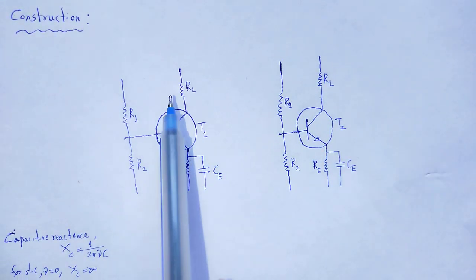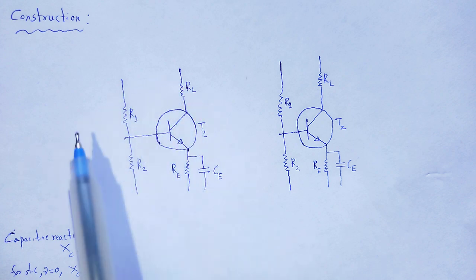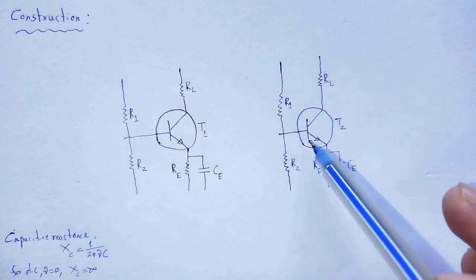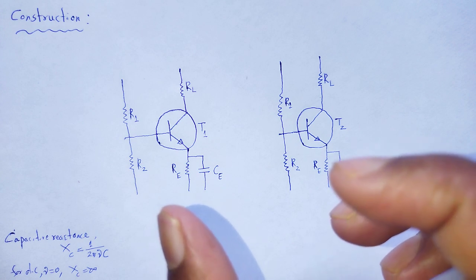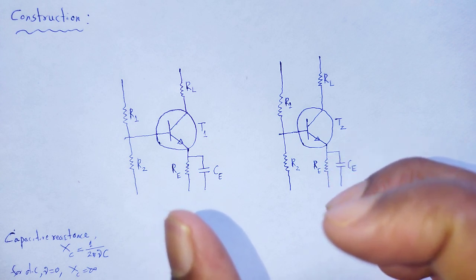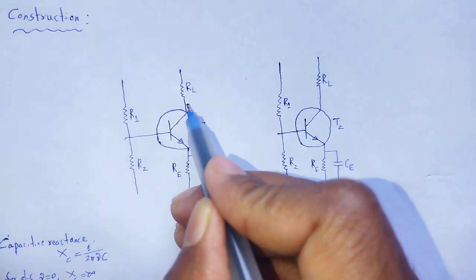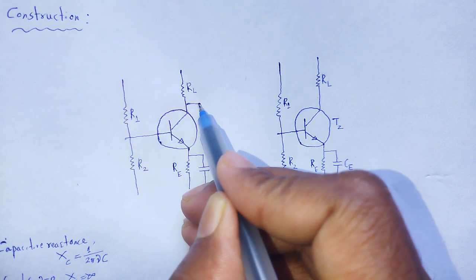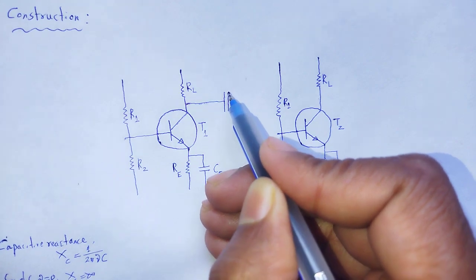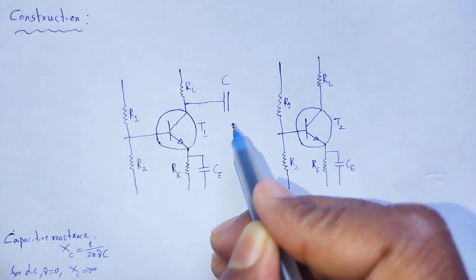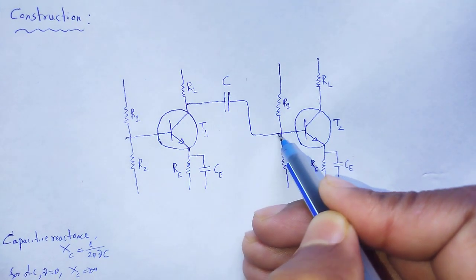Now, this is one stage transistor amplifier, and that one is another stage transistor amplifier. These two are coupled by using a capacitor, which is called the coupling capacitor. So, the output of the first stage is coupled through the capacitor C to the input of the other stage.